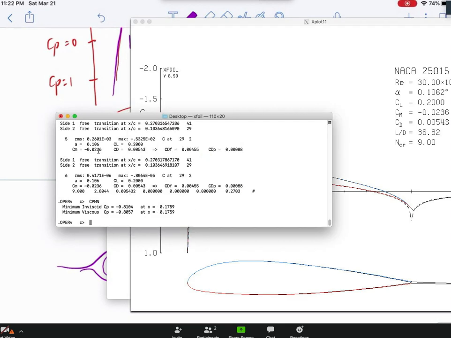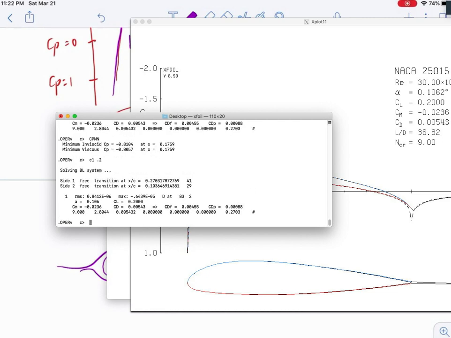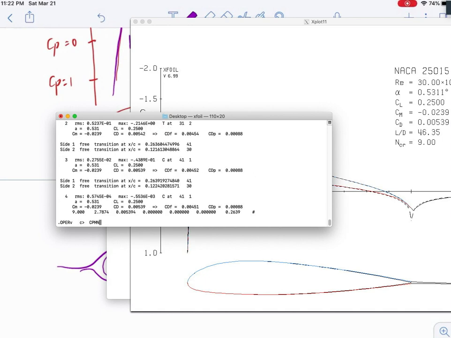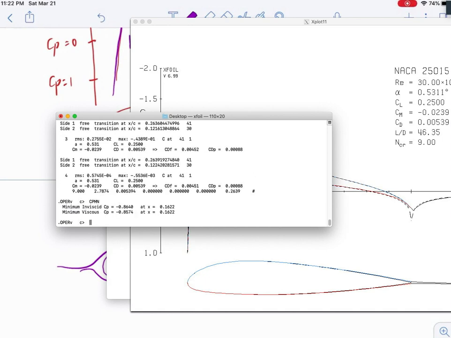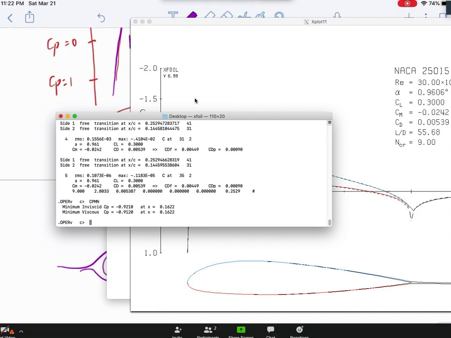I can go to CL, oh, I forgot what CL I just did. Is it 0.2? Sorry, it's getting late. Okay, so CL of 0.25, minus 0.85. Let me go to CL 0.3. Okay, so now we're getting close. Minus 0.93.